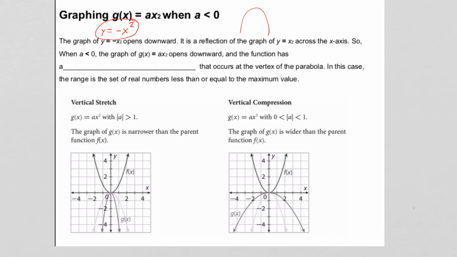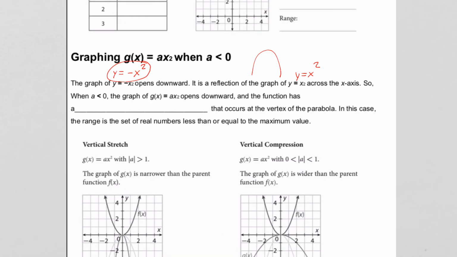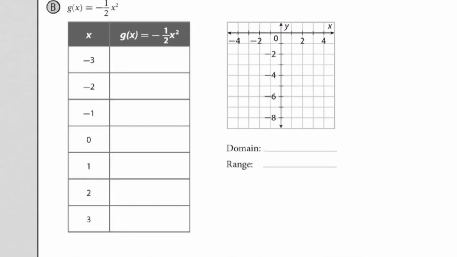That's basically an upside down cup or an upside down U. It's a reflection of the graph of y equals x squared across the x-axis. So when a is less than 0, the graph of g of x equals a times x squared opens downward, and the function has a maximum.